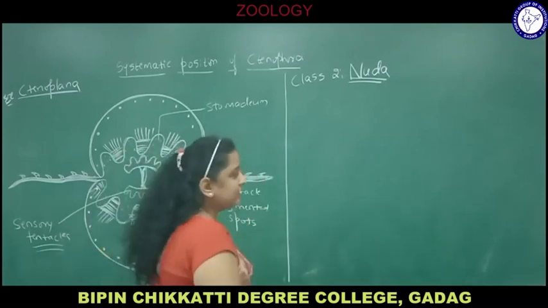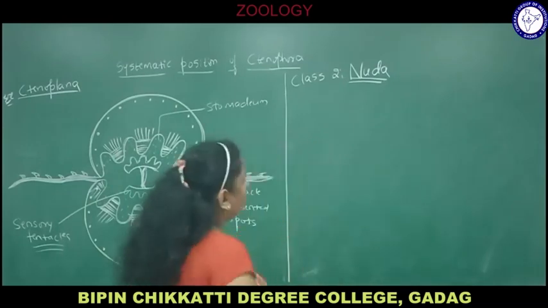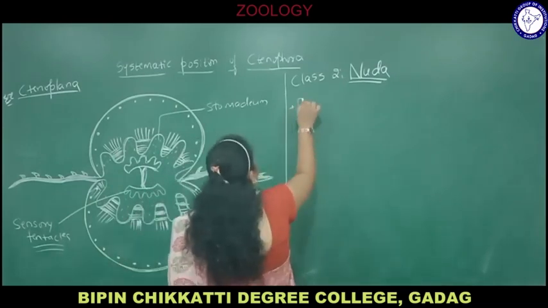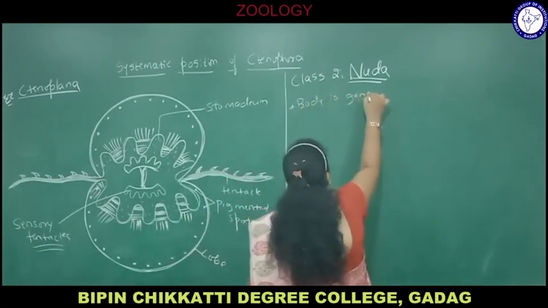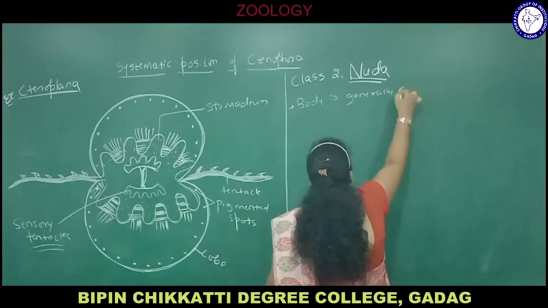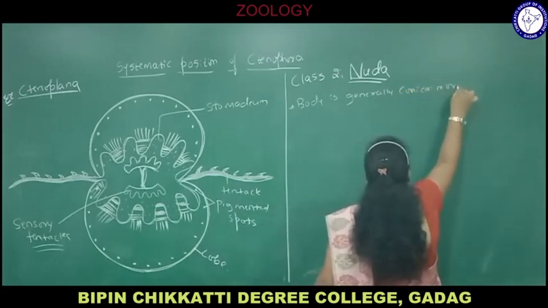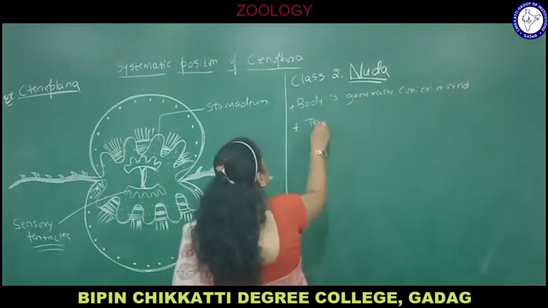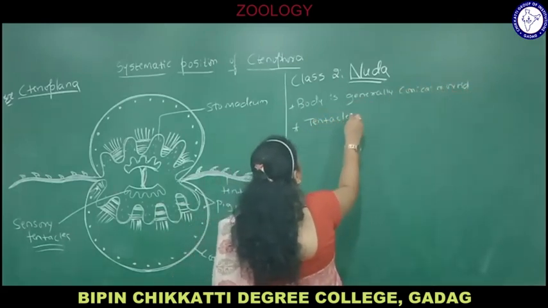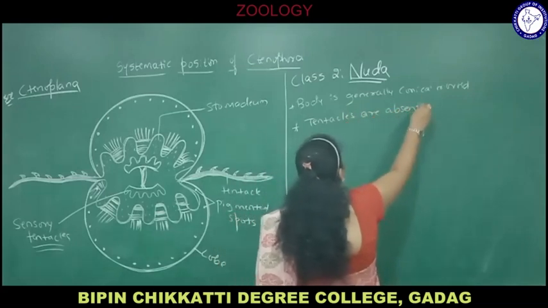Here the body is generally conical or ovoid. In this class tentacles are absent.